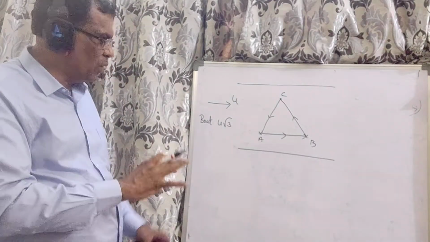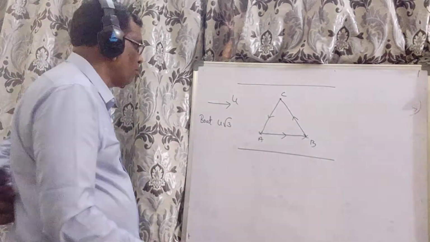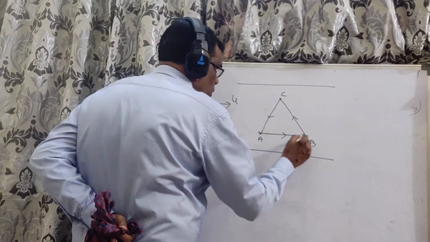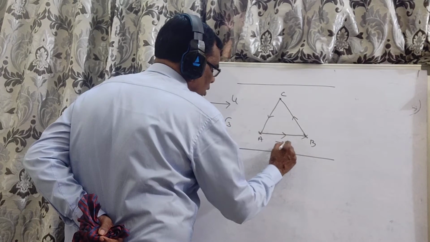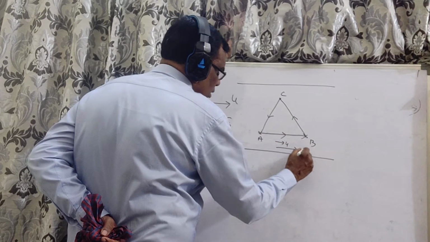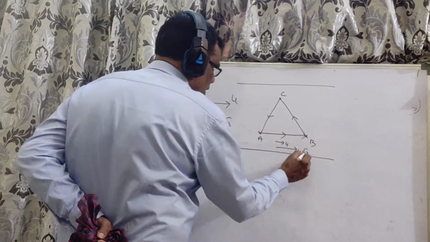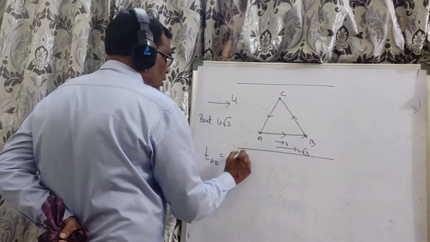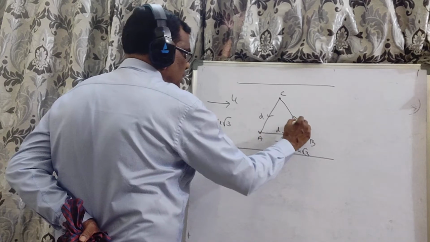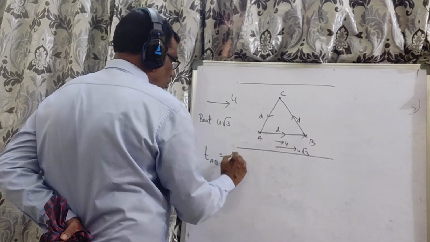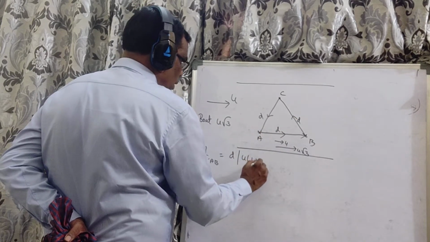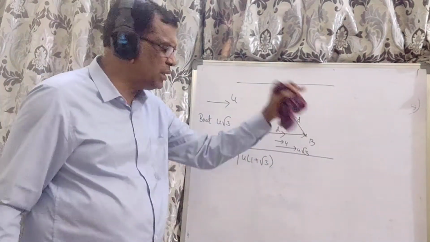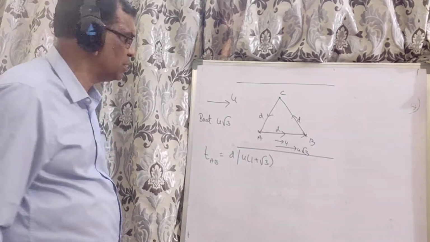Now, how to work out these problems? A, B are fixed points. So here I am supposed to get, because water velocity is u and this is u root 3, the effective along AB is, if the side is d, d by u plus u root 3. Straightforward, no complication.